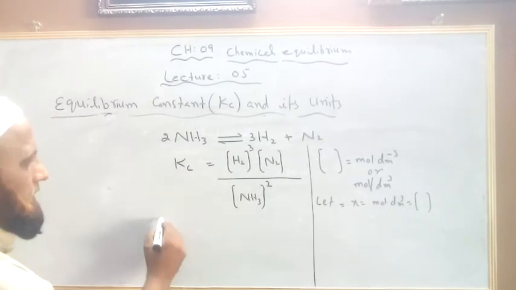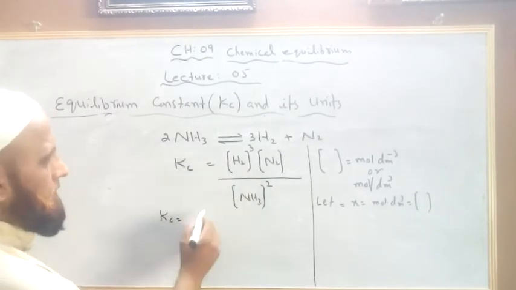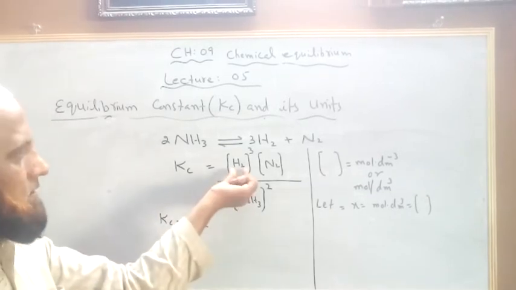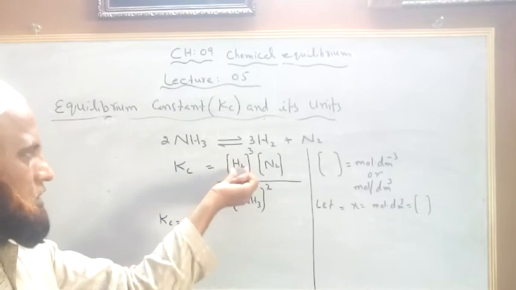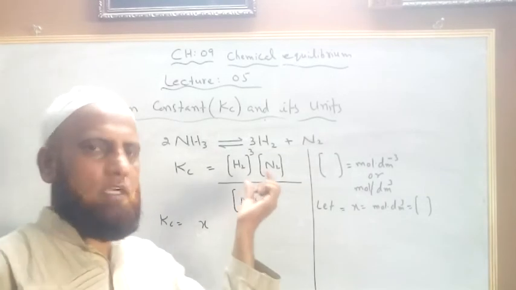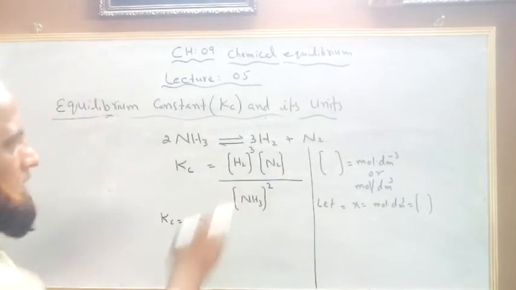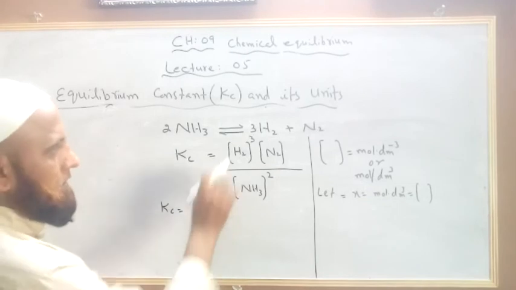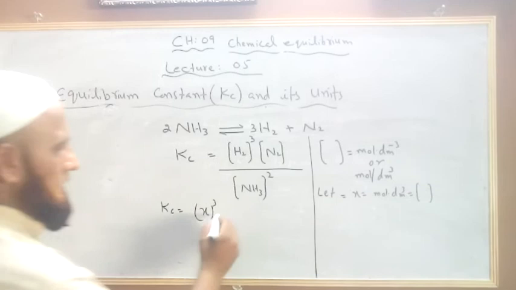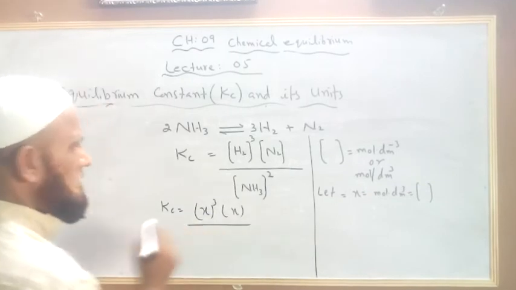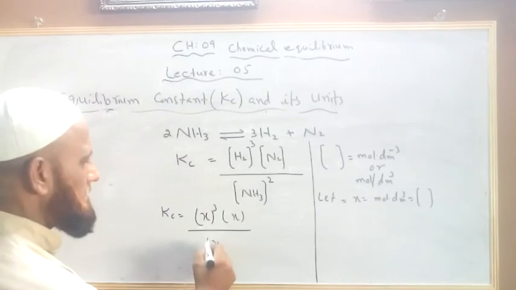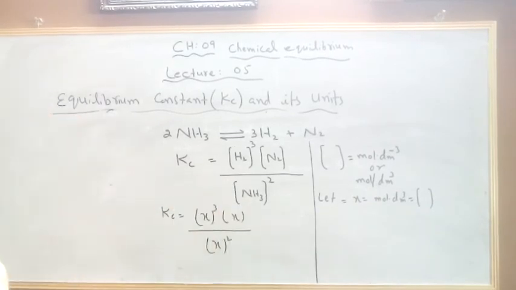Now let's apply. Kc is equal to, here I'm going to apply x for the whole concentration, because in writing the unit there is no need to write the reactant, it's understood. So x cube for hydrogen, and then x for nitrogen, the molar concentration of product, then x square for ammonia.